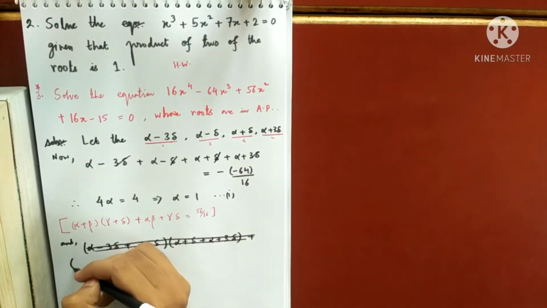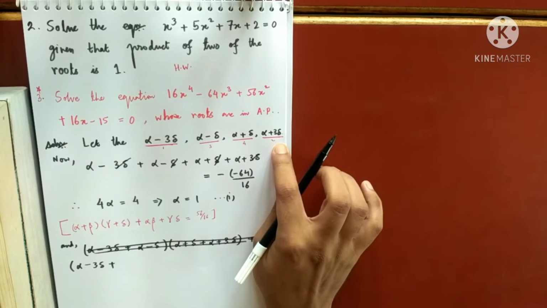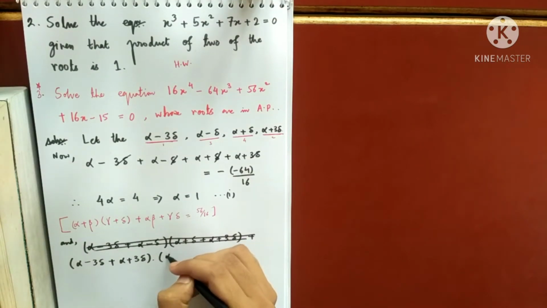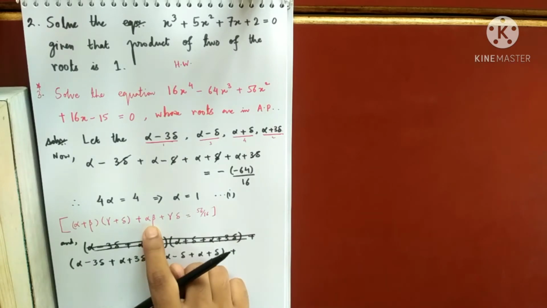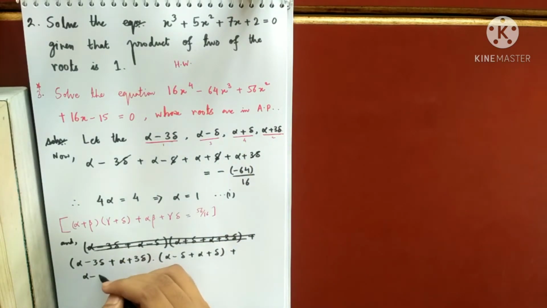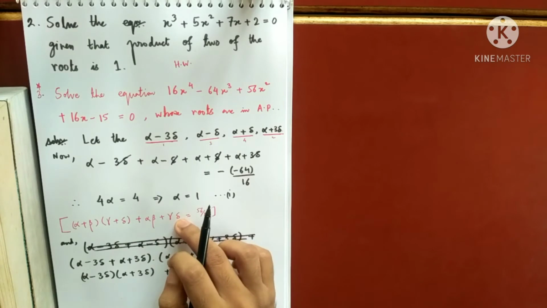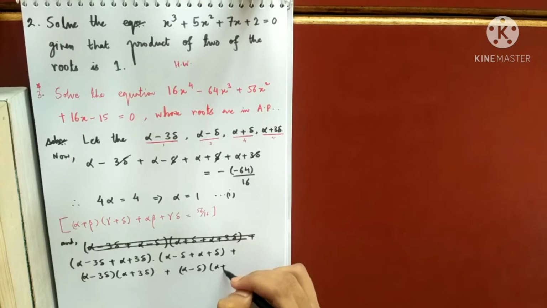So, first root plus second root, alpha minus 3 delta plus alpha plus 3 delta, right? This will make our calculation easier because 3 delta will cancel, into alpha minus delta plus alpha plus delta, plus the product of first and second root, that is alpha minus 3 delta into alpha plus 3 delta, and lastly the product of third and fourth, that is alpha minus delta into alpha plus delta.